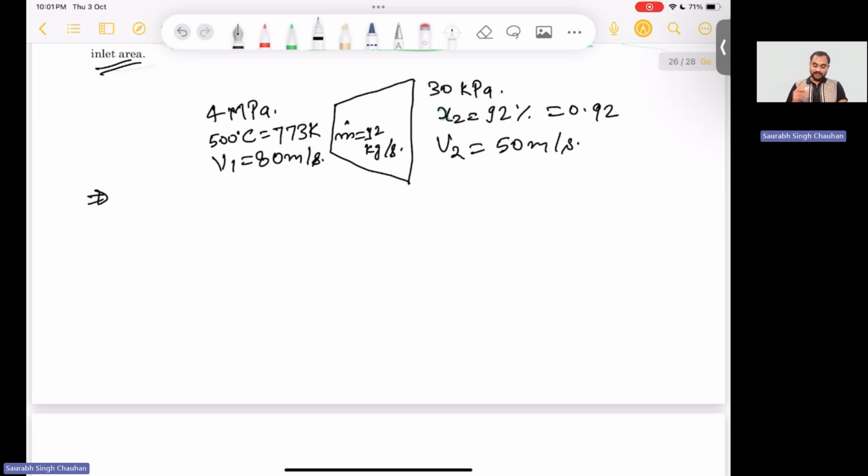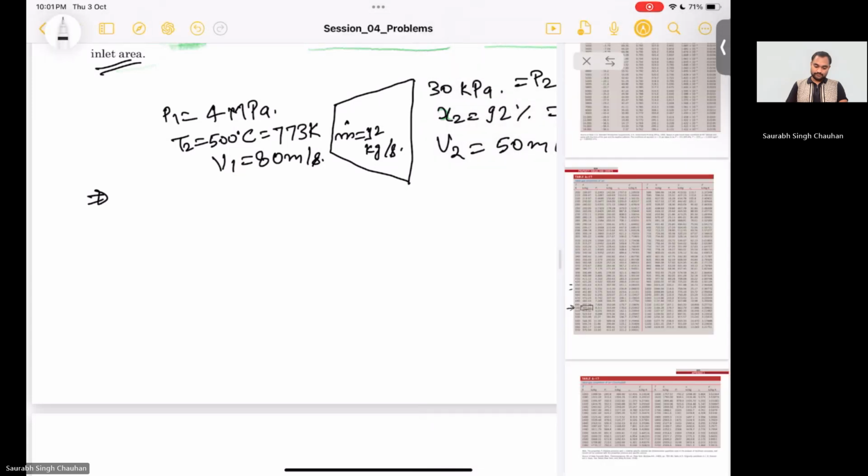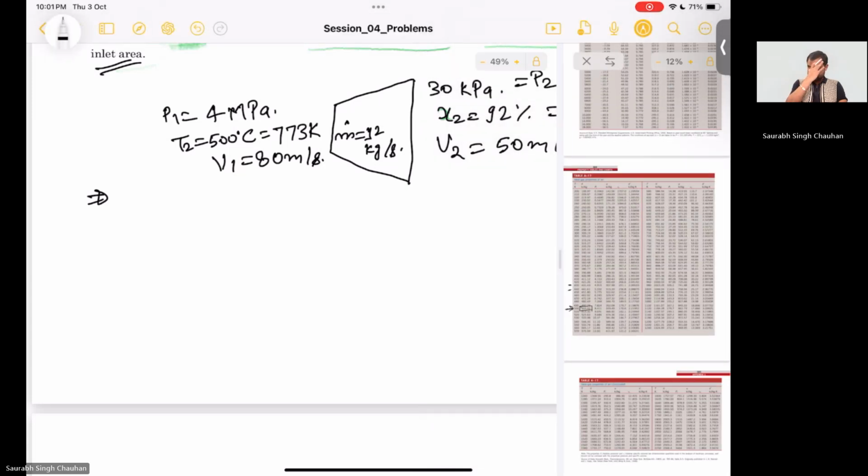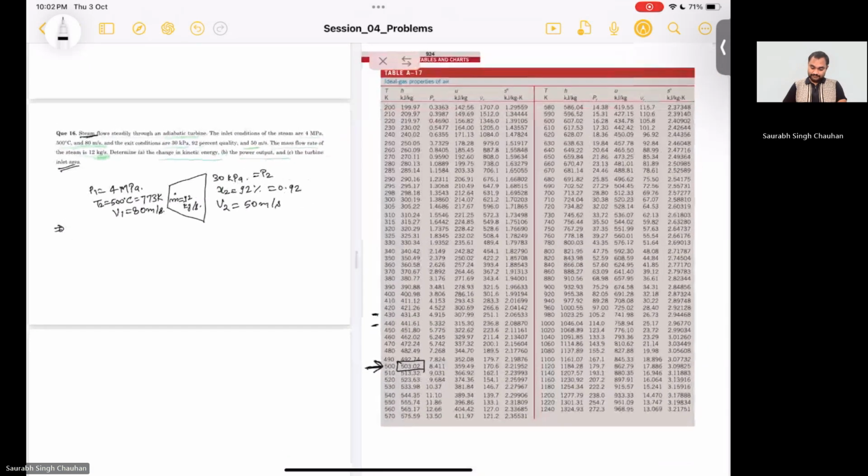So we can find the specific volume and enthalpy from the steam tables. First, at the inlet, we will check.